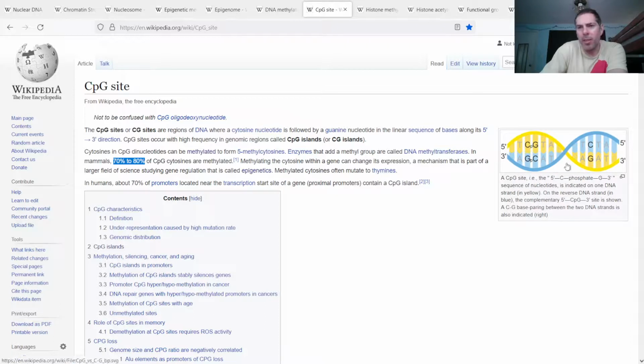And this is something that's preserved during DNA duplication or DNA replication. You have a CpG on one strand matched with a CpG on another strand. So if you have a methyl group on one strand and you form a new DNA strand on the other side, there's a process of adding the methyl group onto the new DNA strand.